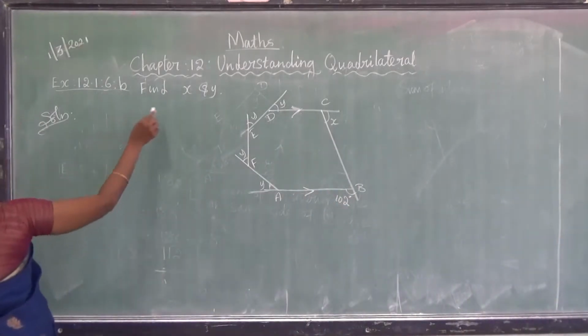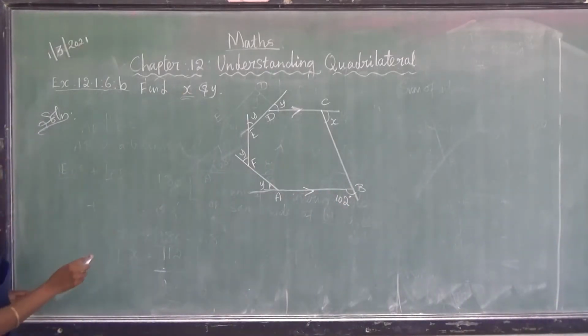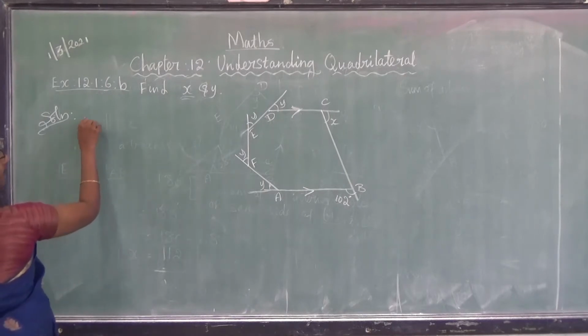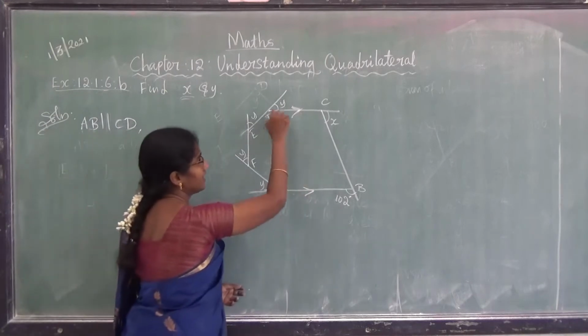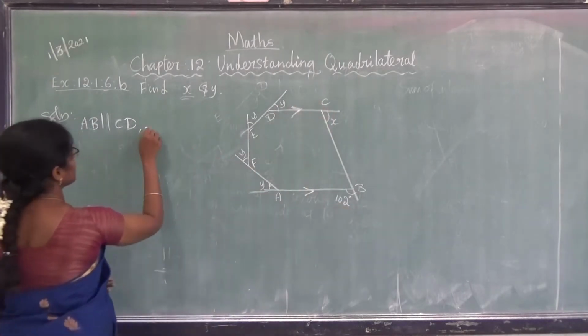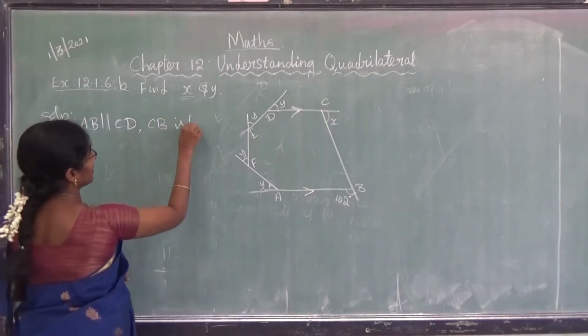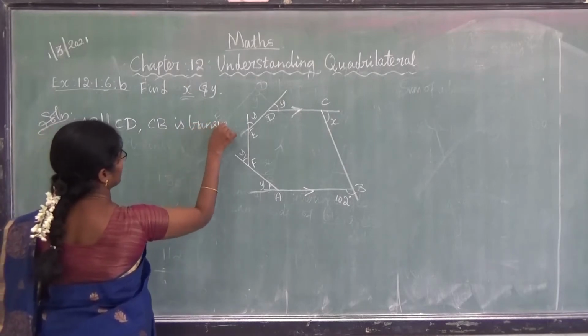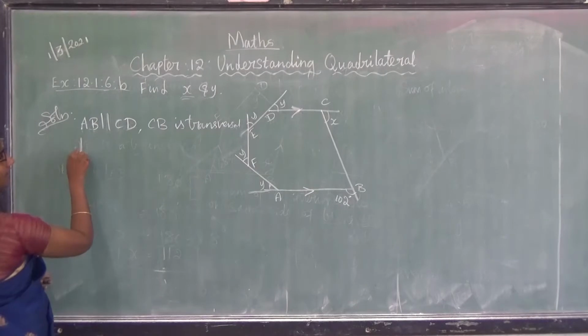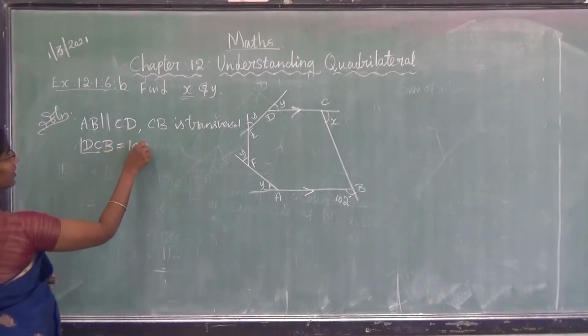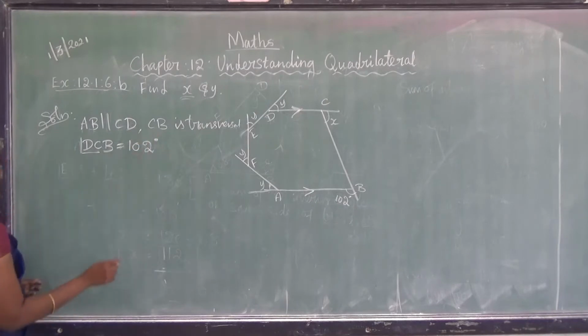So first we are going to find x. For that, the line AB is parallel to the line CD. AB and CD are parallel and CB is a transversal, which means we can say angle DCB is equal to 102 degrees.